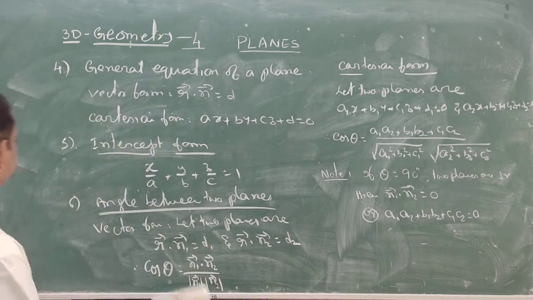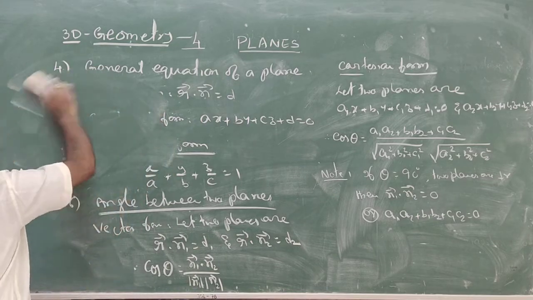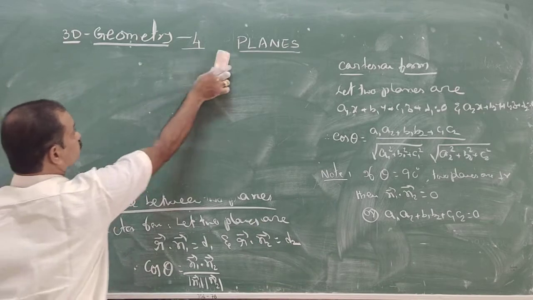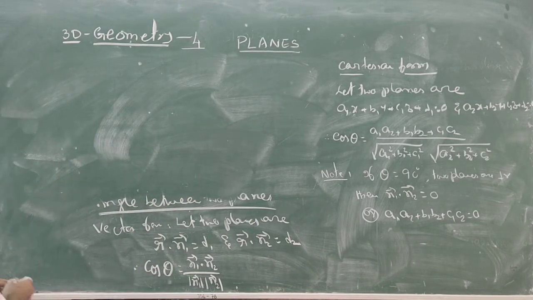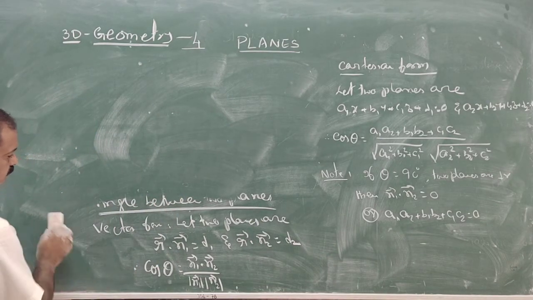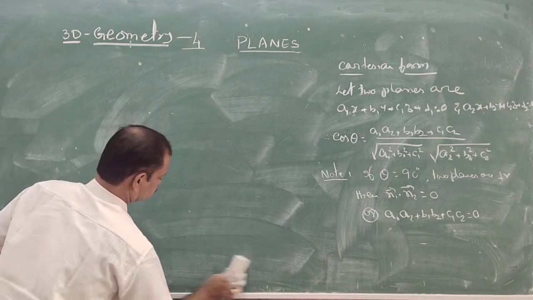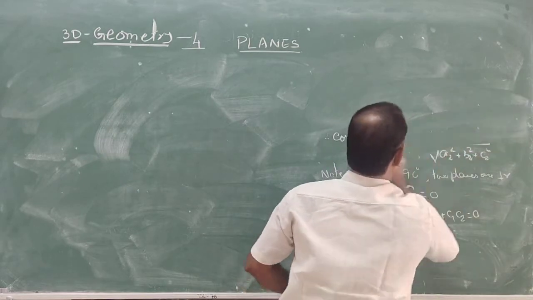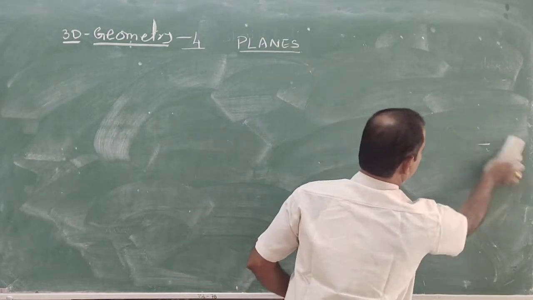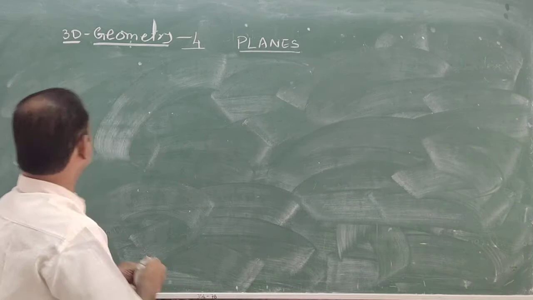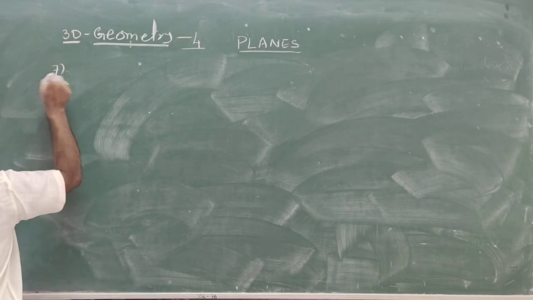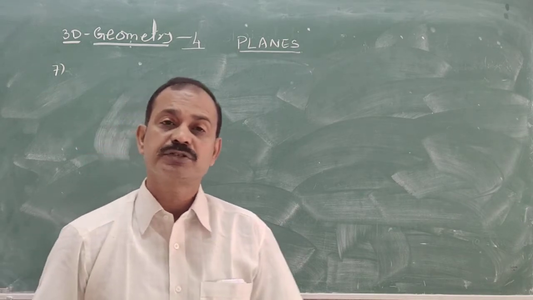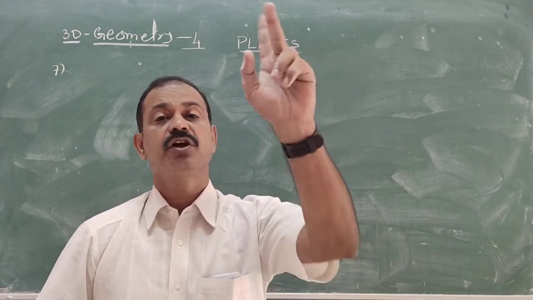The next concept, the seventh one, is the plane passing through the intersection of two planes.